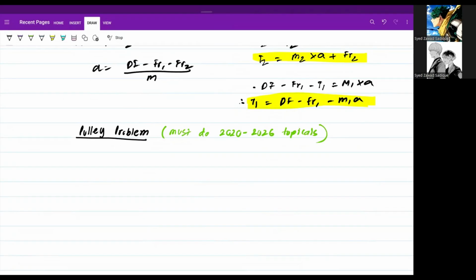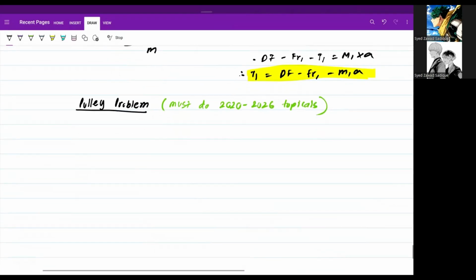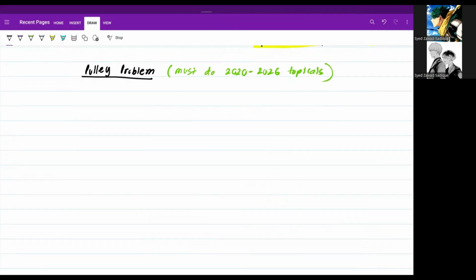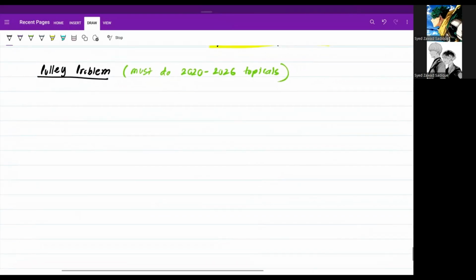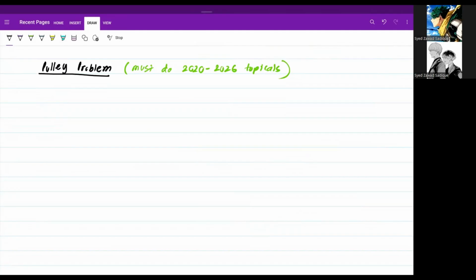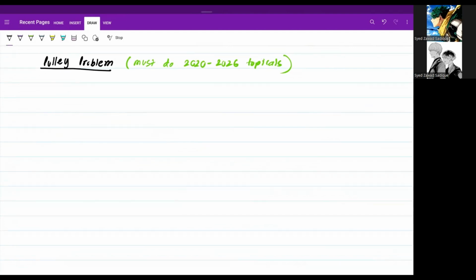Right. Now, the pulley. Let's say this is a very special case just to explain to you guys what a pulley does, basically what type of question they give for a pulley. We try it first. So let's say this is a slope.